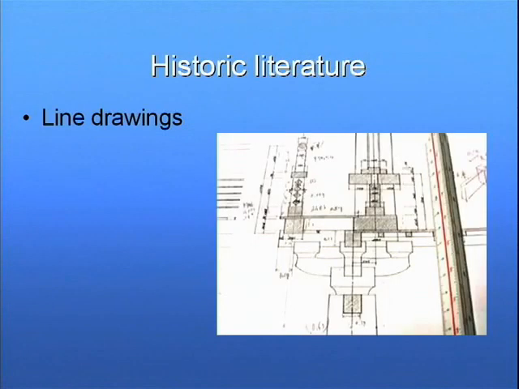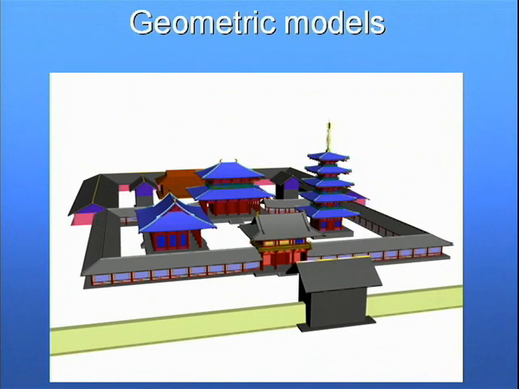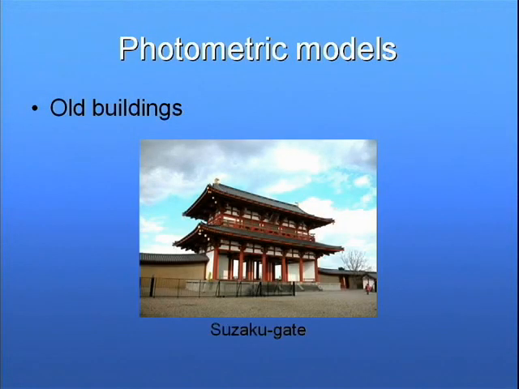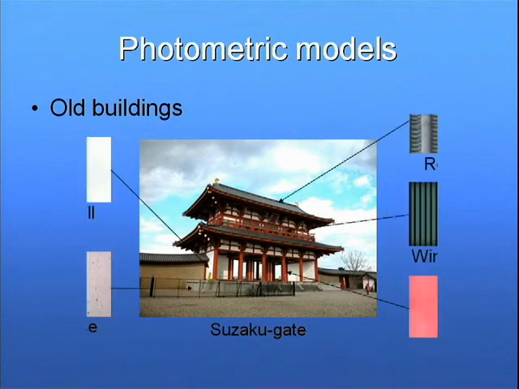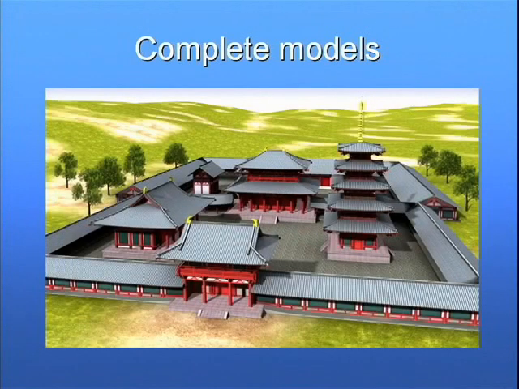Fortunately, this site has been heavily investigated by Japanese researchers, so we can obtain line drawings of the ancient building, and we built this kind of CAD models. For textures, we visited temples of a similar period, took various pictures, and pasted them to generate this one.